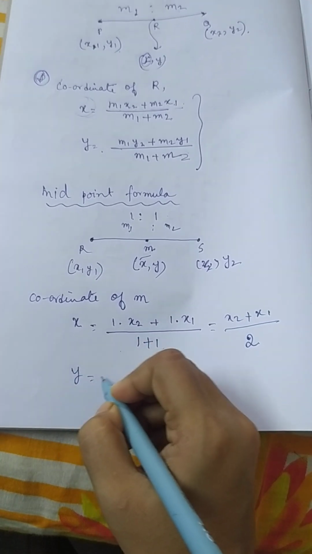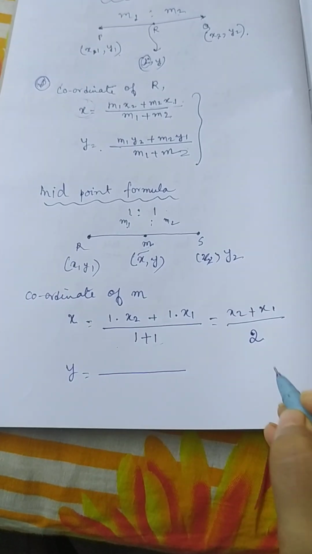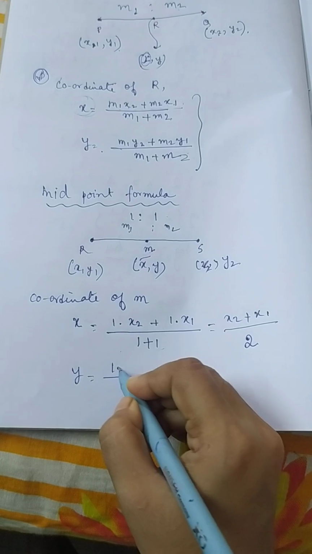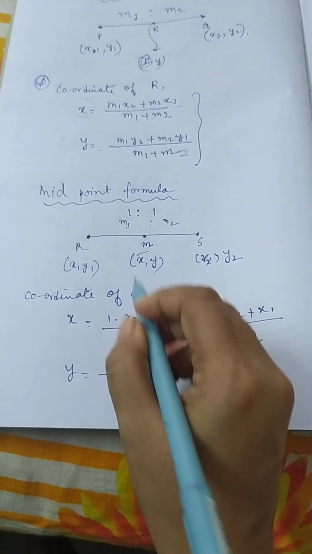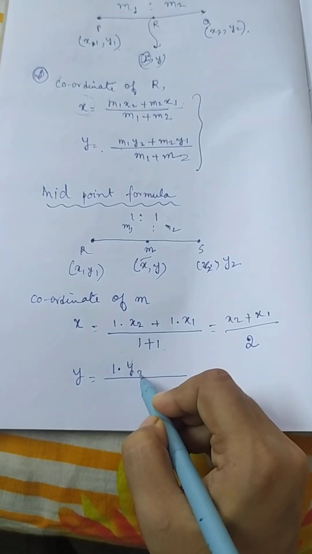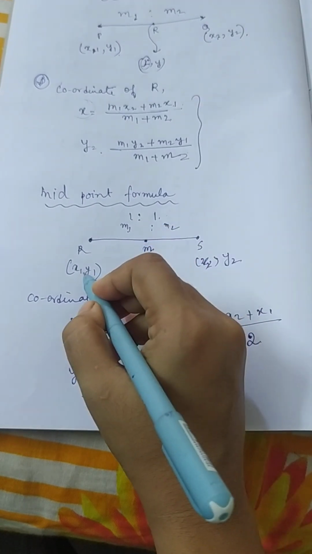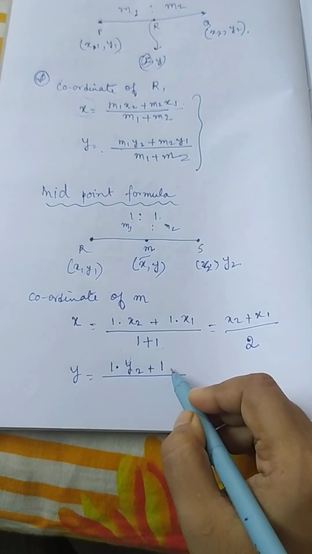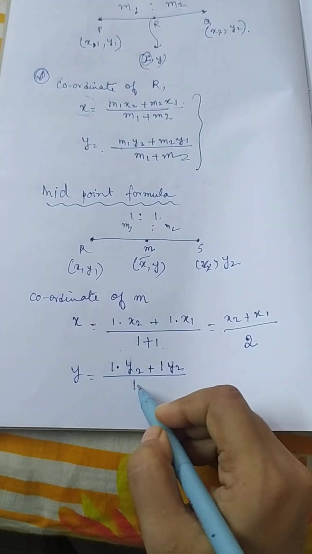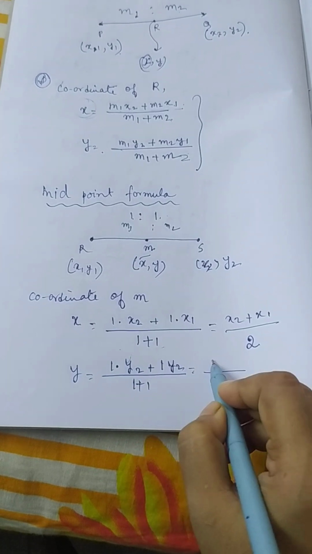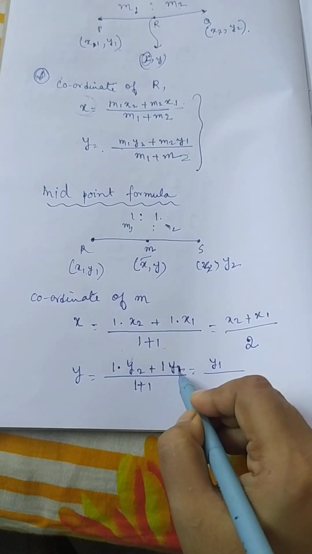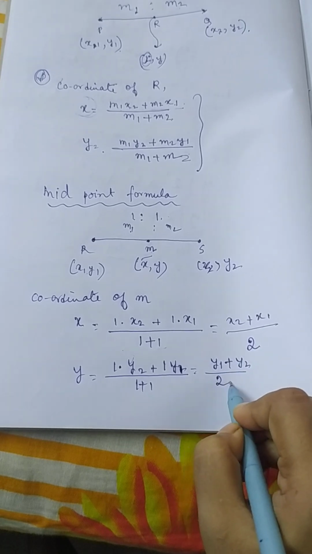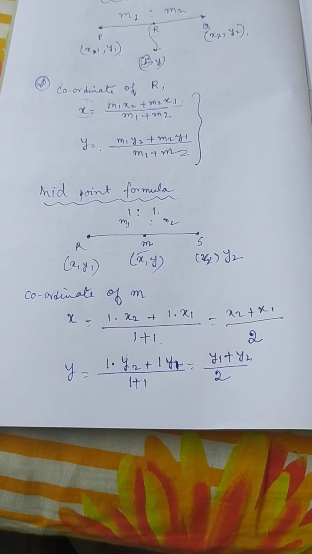For the y coordinate, what will be that? M1 y2, so 1 for M1, it is 1 y2 plus 1 y1 by 1 plus 1. So y1 plus y2 by 2, right?